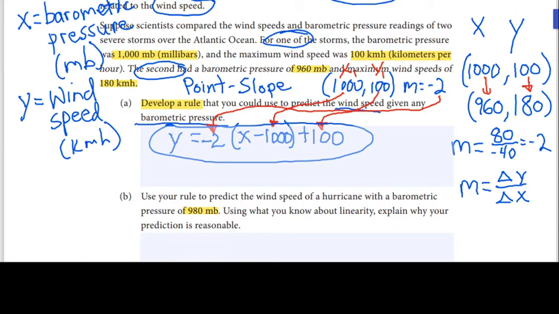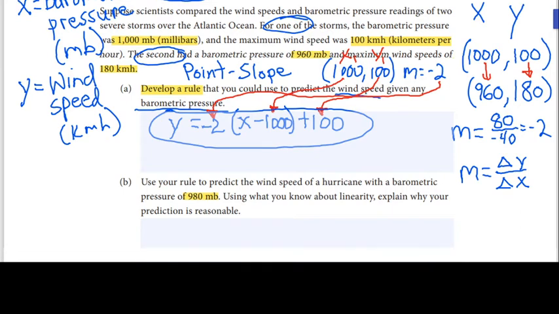The barometric pressure reading is measured in millibars. We don't want to get too confused about millibars and kilometers per hour and all of that stuff. Just understand that that's the number we're looking for. That's my x value.